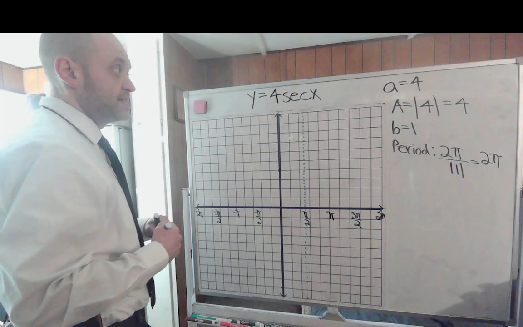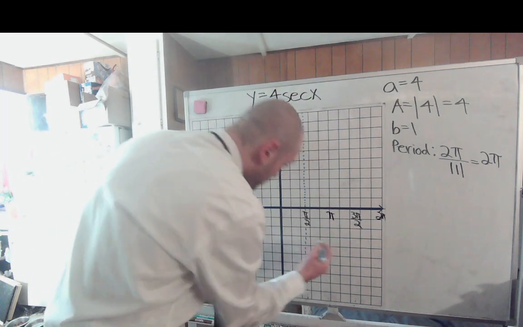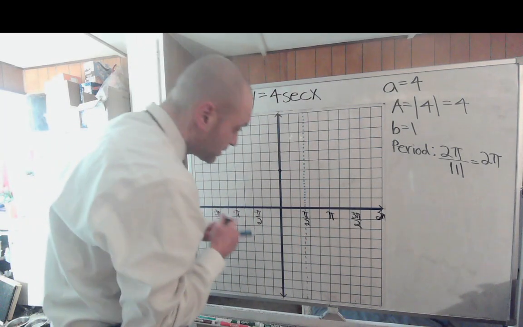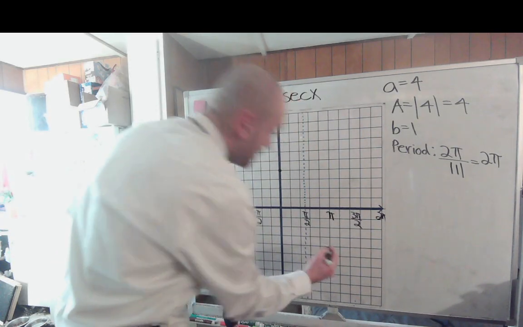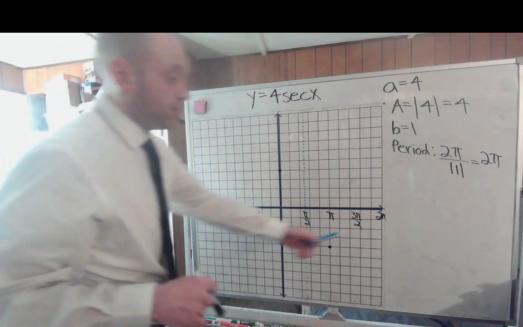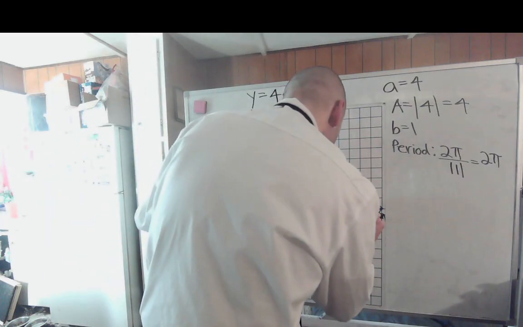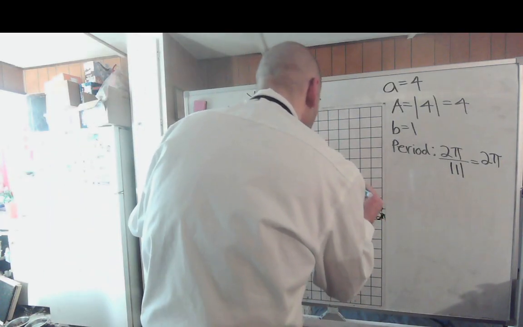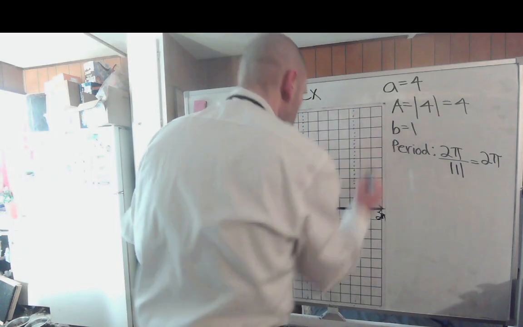Secant of pi is negative 1 times 4. That'd actually be negative 4. So that's all the way down here. Now, secant of 3 pi over 2 is undefined, so we'll have yet another vertical asymptote at x equals 3 pi over 2.